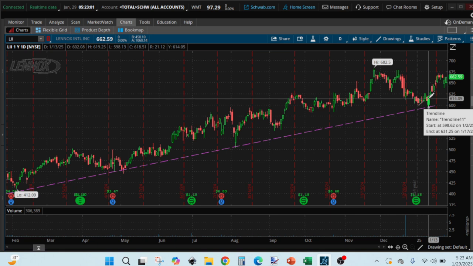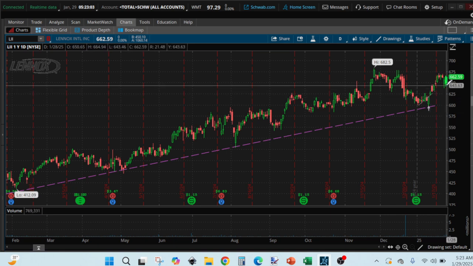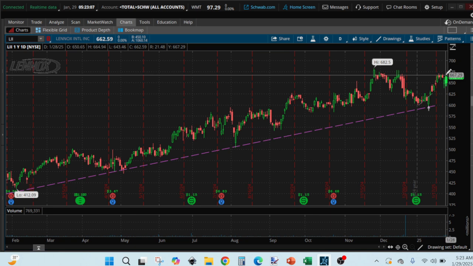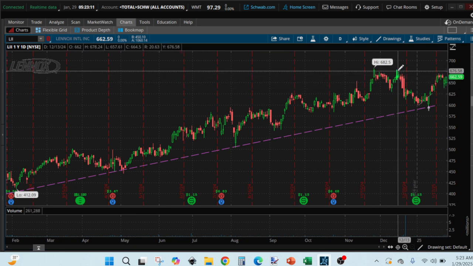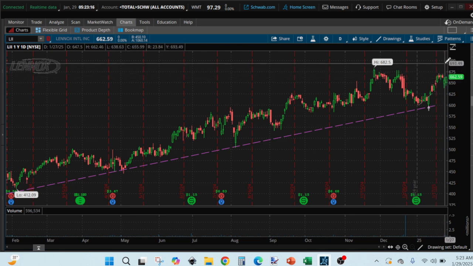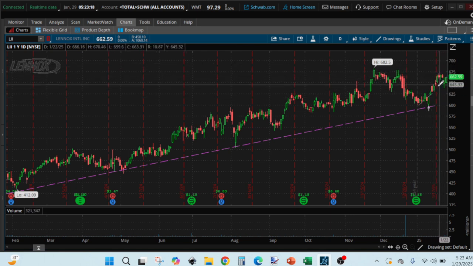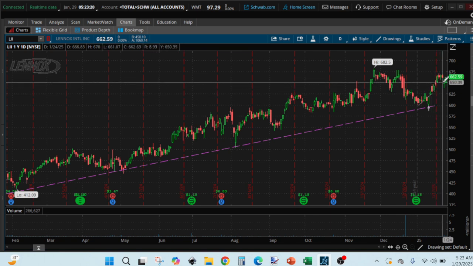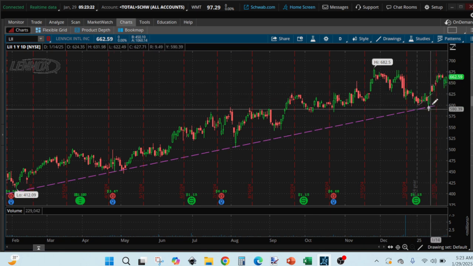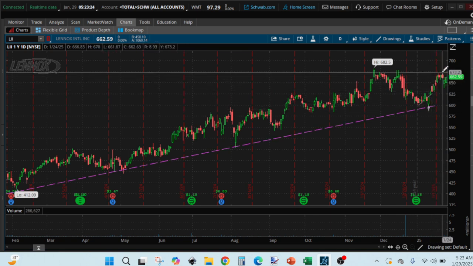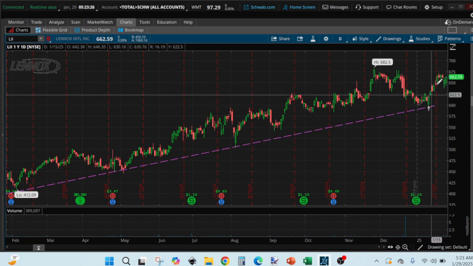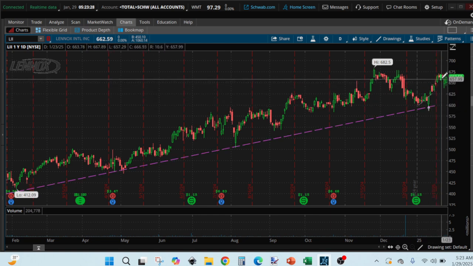I'm purchasing it somewhere here, and right now the price is somewhere here. We could decide to just sell it and lock in the profit that we have. Even if it could turn around and reach that high, it's still going to be a good profit. And I think it's going to be a short trade from where we bought it to where we will sell it.